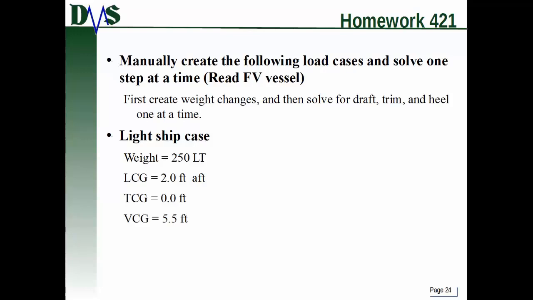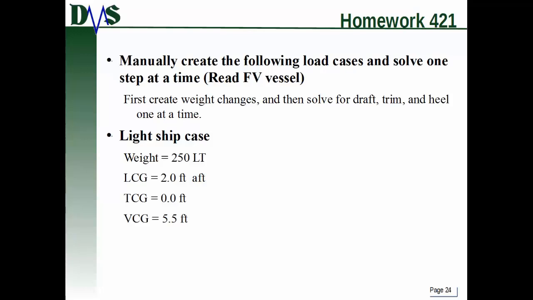And the key part here is I want you to first create the weight changes, and then solve for draft, trim, and heel one at a time. Do them one at a time to make sure you know how to control solving each one. So the first case I want you to create is the light ship case. So I want you to add a weight of 250 tons, and add an LCG of 2 foot aft, TCG of 0, and VCG of 5 feet.